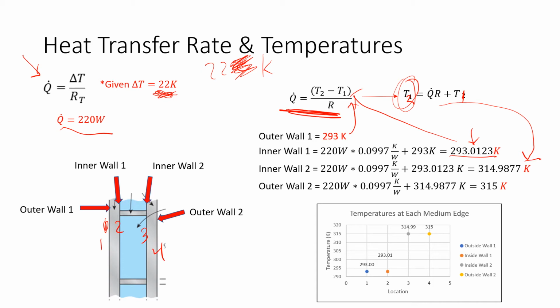And we do the same thing to get our outer wall 2 to equal 315 Kelvin. And down here in this graph is just a visualization to see what's happening. Outer wall 1 is 1, inner wall 1 is 2, inner wall 2 is 3, and the last one is 4. We can see that the change in temperatures between 1 and 2 is very small, but there is a change, same with 3 and 4.